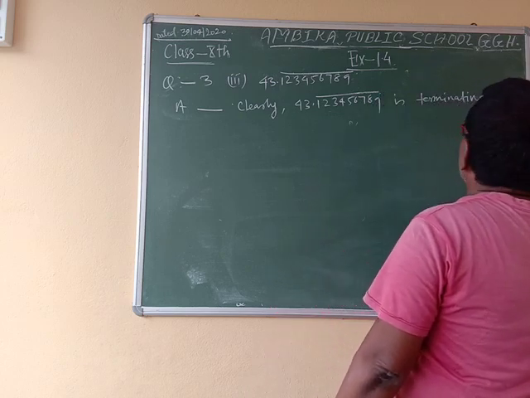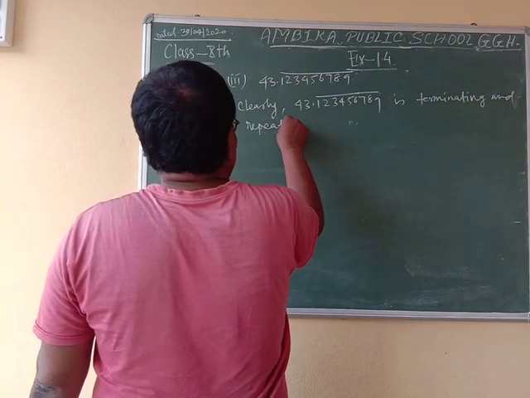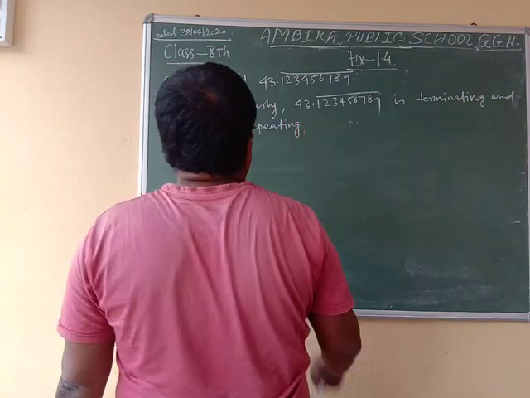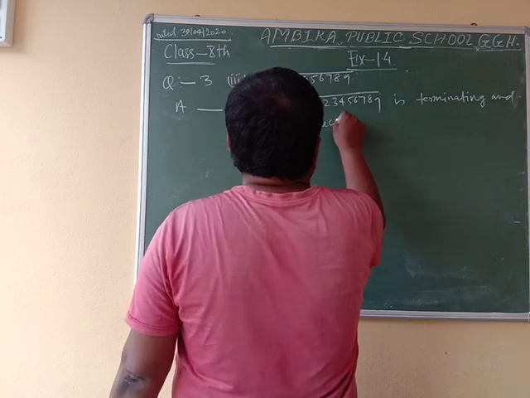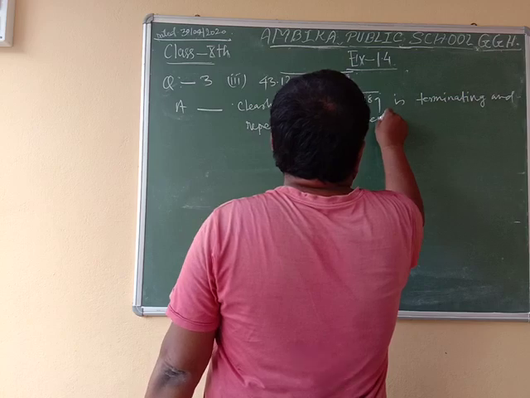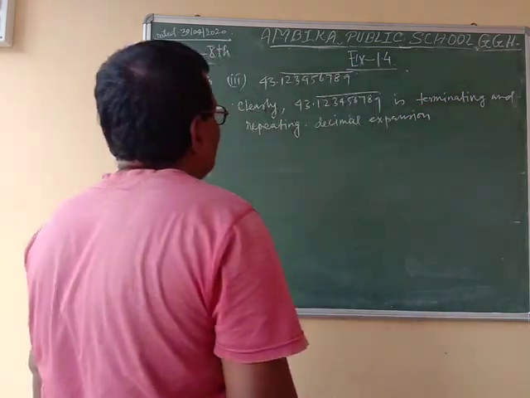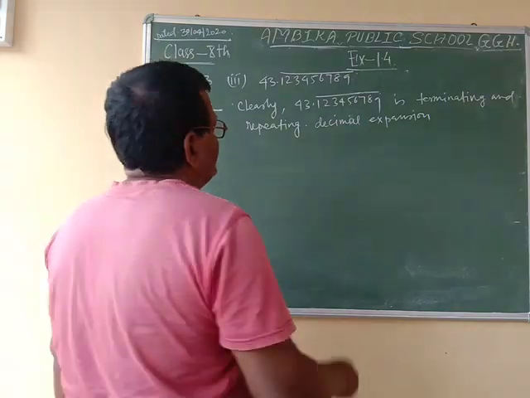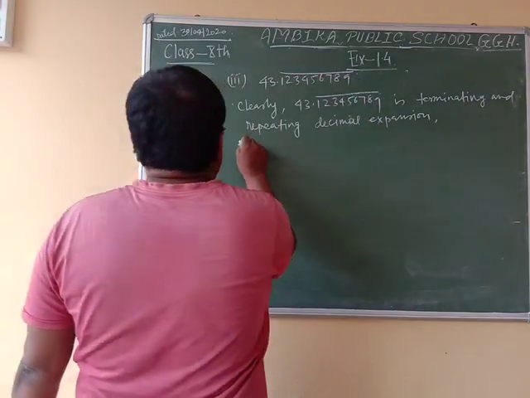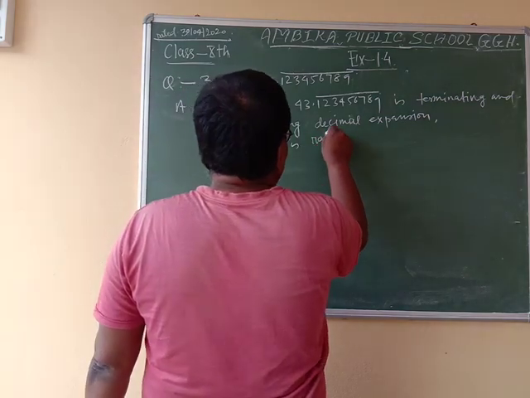Clearly 43.123456789 with a bar is a non-terminating and repeating decimal expansion. So it is rational.